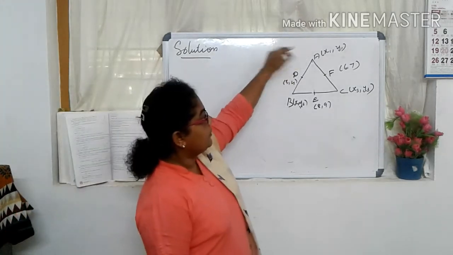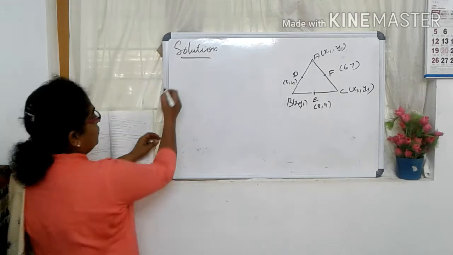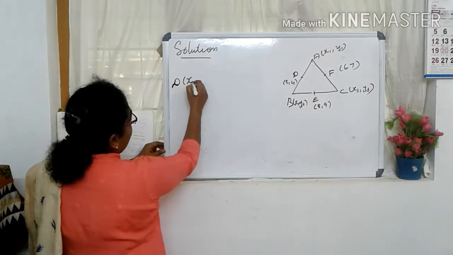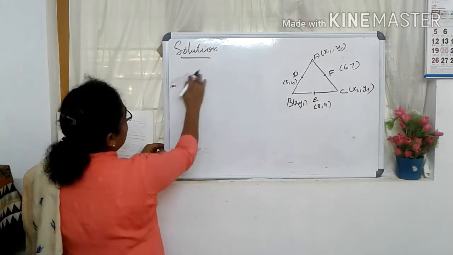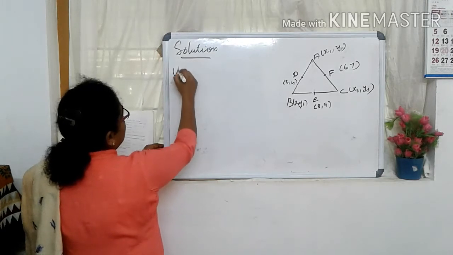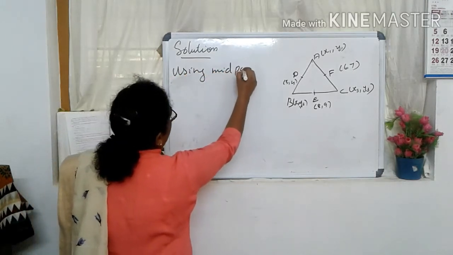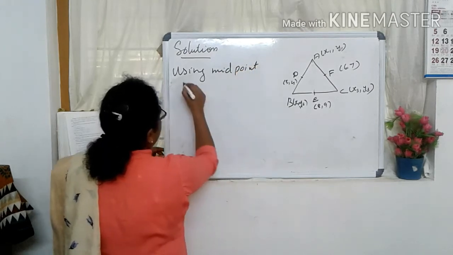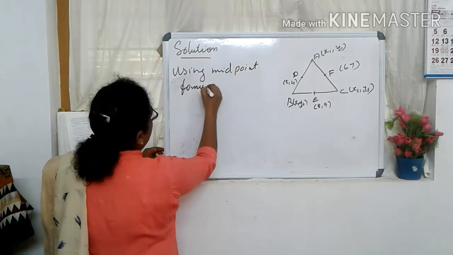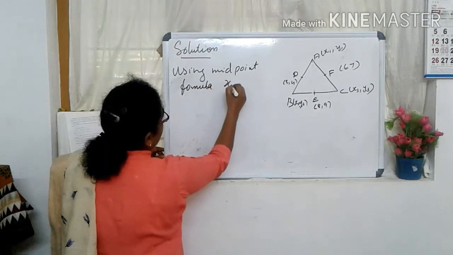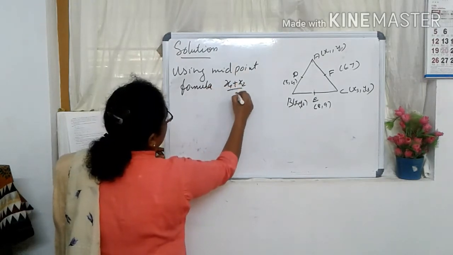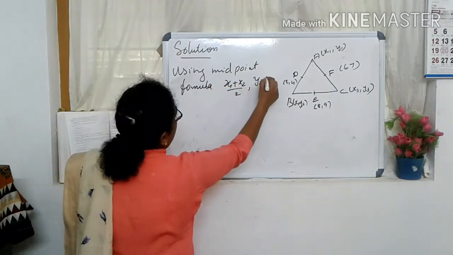What is D? D is the midpoint of AB. Which formula do we have to use? Using the midpoint formula. What is the midpoint formula? That is (x1 plus x2) by 2 and (y1 plus y2) by 2.